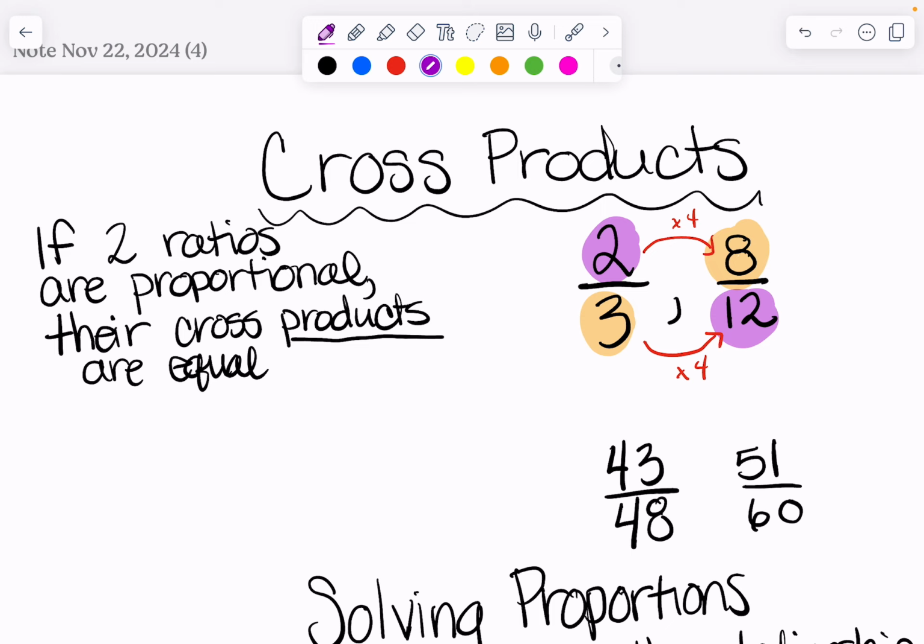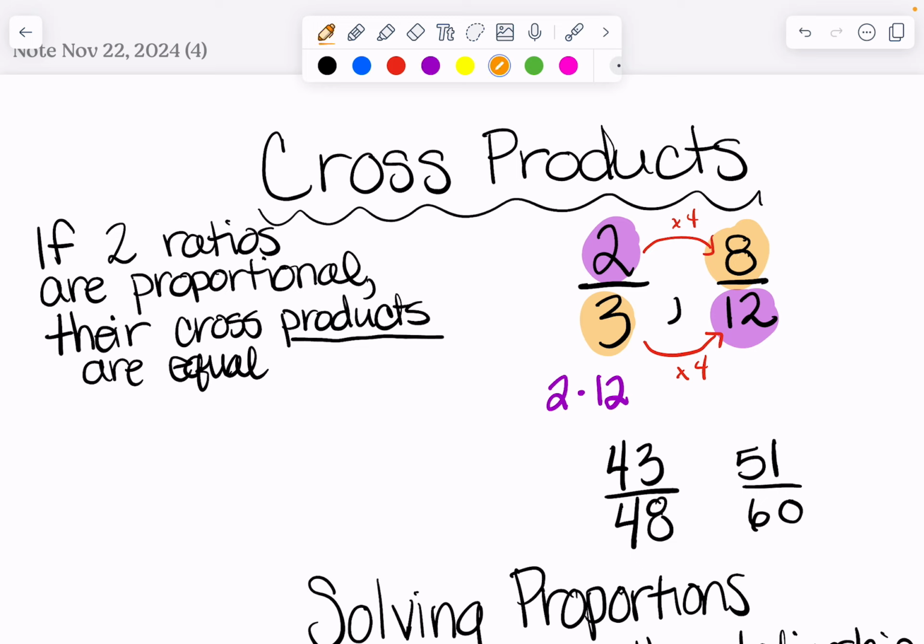So when I look at these two ratios, again, an additional way, if I saw that I'm just multiplying the numerator and denominator times 4, that's perfect. That's one way to show that they're proportional. If we don't see that connection between the numbers and the ratios, then we can use our cross product rule. So that means 2 times 12, so our opposite numerator and denominator, and product, meaning I'm multiplying them.